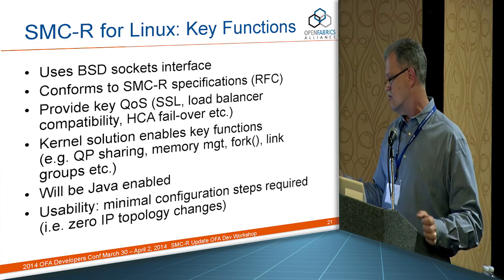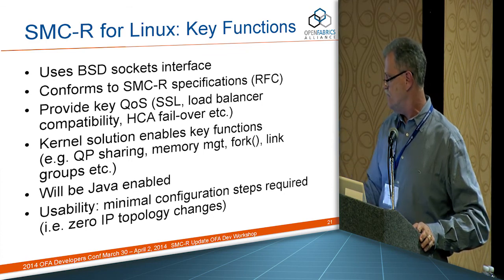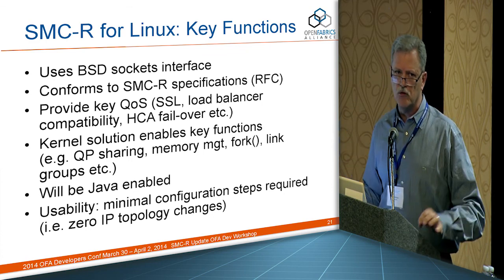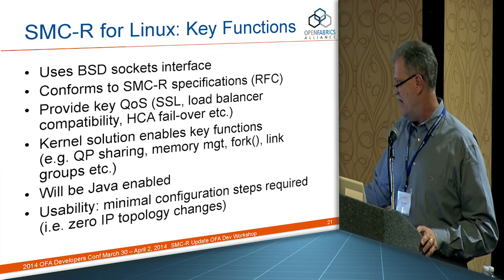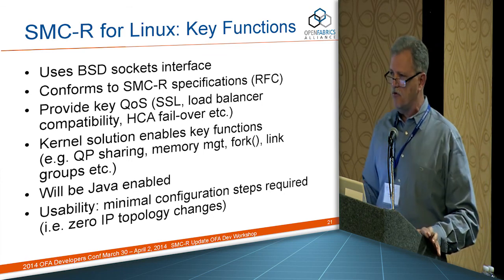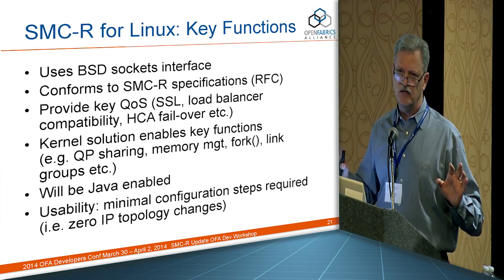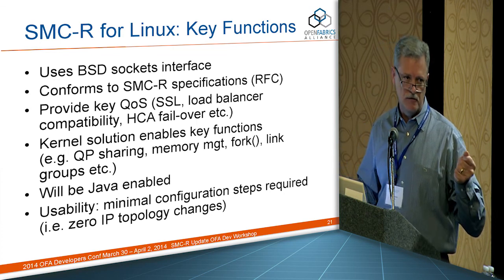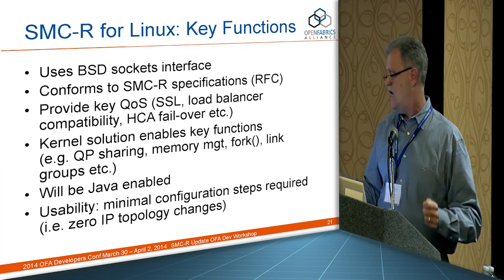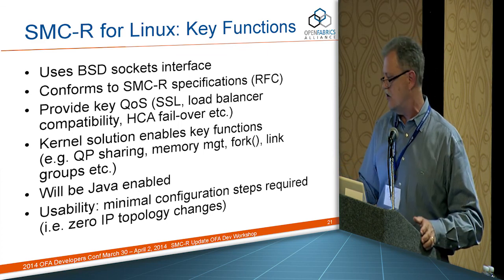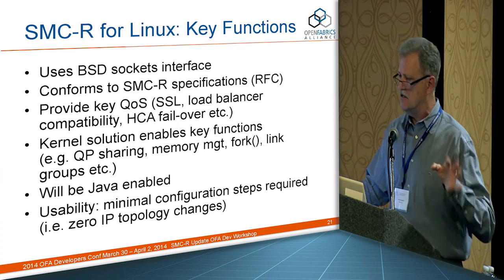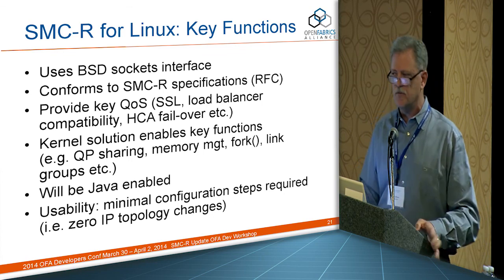If you can get into the kernel to provide that, then you can provide this solution. The Java enablement will be native. We'll have that as well. And from a usability standpoint, from an administrator standpoint, it's basically just enable it. Just turn the function on, and you can control the granularity, but you would not change your IP topology or provision IP addresses, etc.